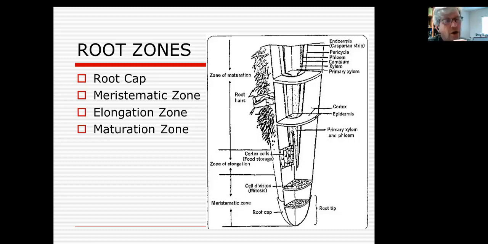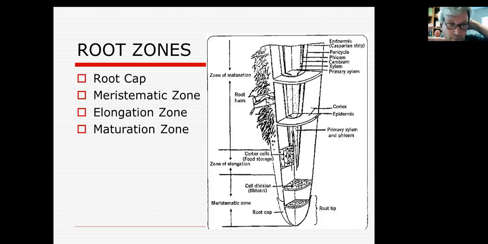They're just getting long. And once they get long, it's kind of like teenagers initially growing, and they just eat and eat and eat and get bigger. But then there's an area behind here we call the maturation zone. And this is where all those kind of uniform cells start getting jobs. Some of them in the interior are cortex, and they're used for storage.